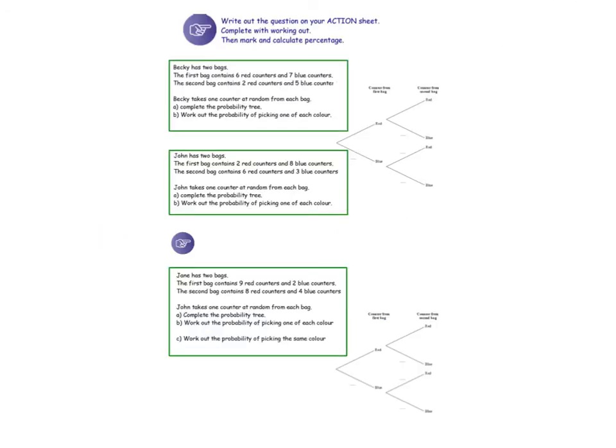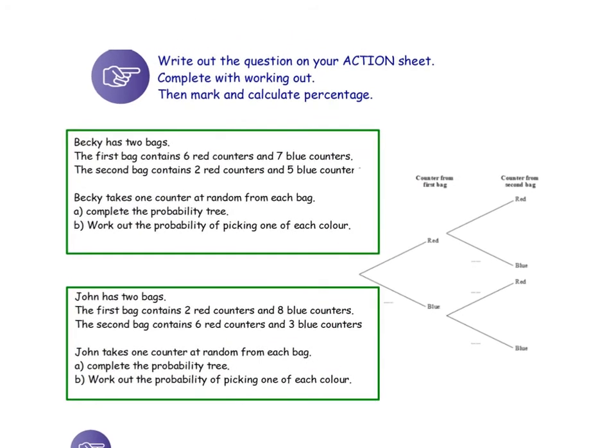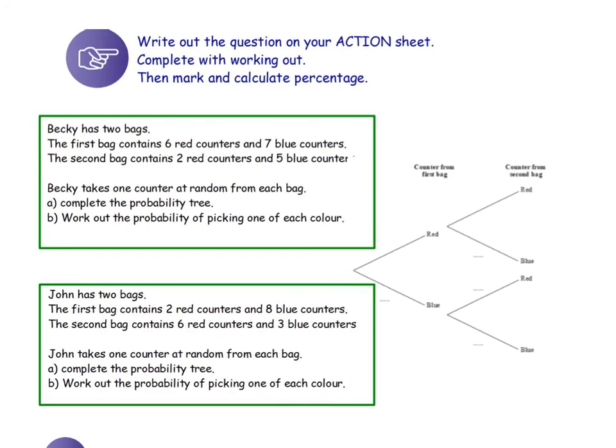So there's 3 questions for you to attempt, a similar style of setup. So I've put the diagram there to help you, but it all has to be completed on your action sheet. So let's zoom in and then you can pause and then I'll zoom out and you can do the second lot. So there's the first lot, so pause the video and complete the diagram and then the probability of picking one of each colour.